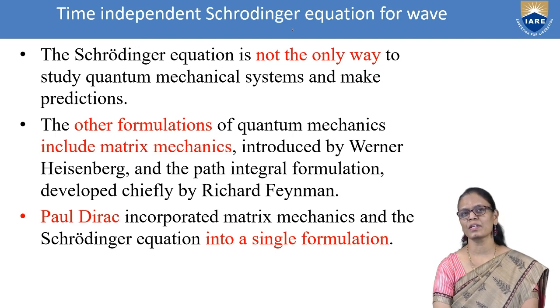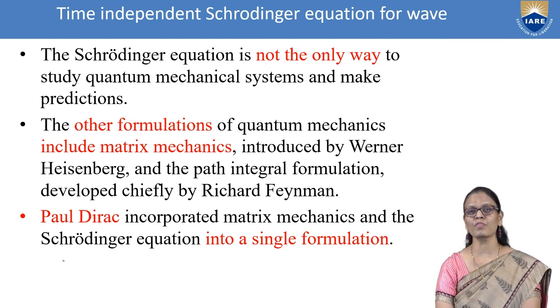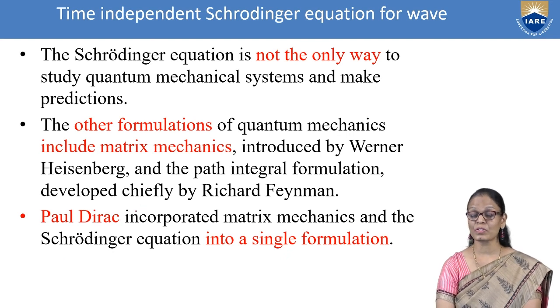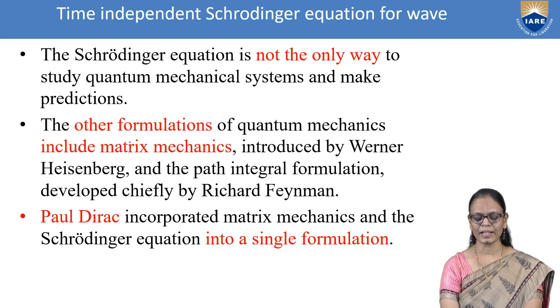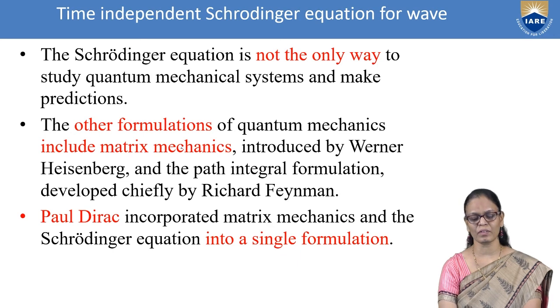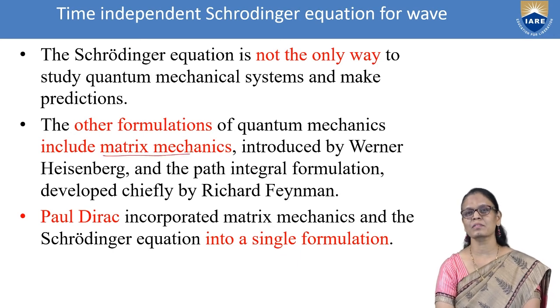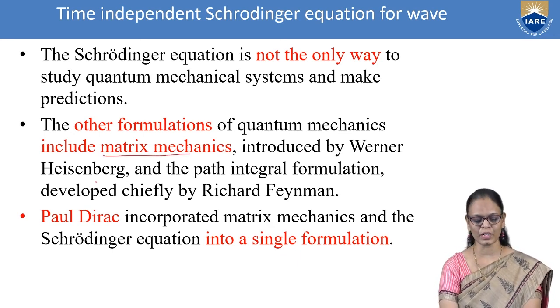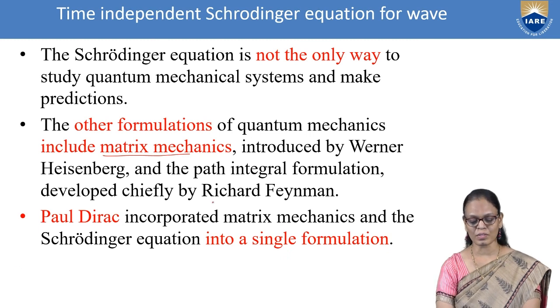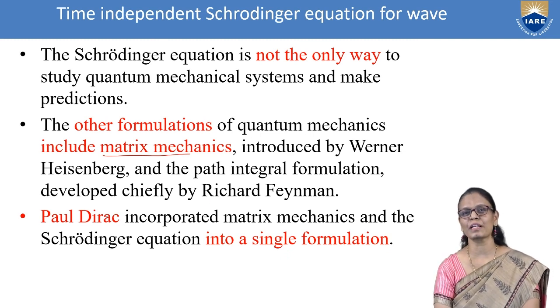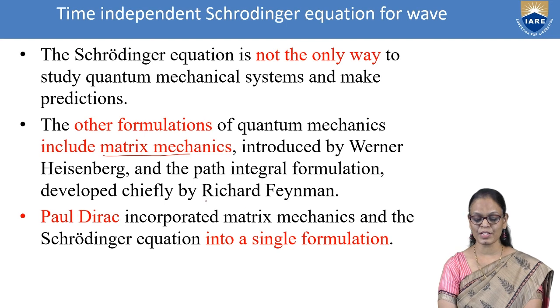What we try to understand here is that the Schrodinger wave equation is not the only way we study quantum mechanics and make predictions. There are other important formulations, which include matrix mechanics, introduced by Werner Heisenberg, and the path integral formulation, developed by Richard Feynman.